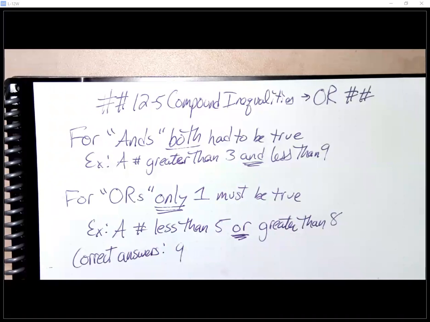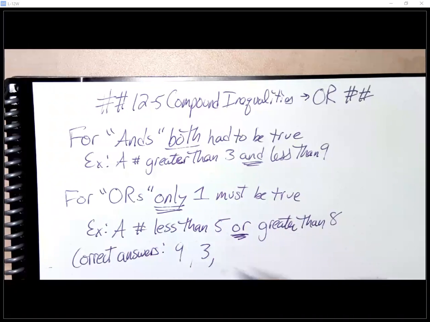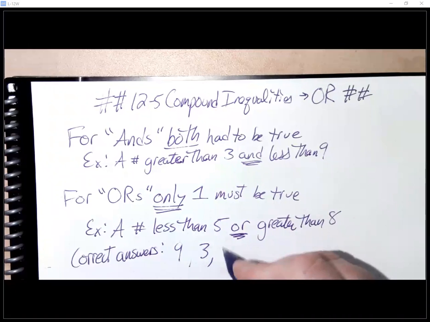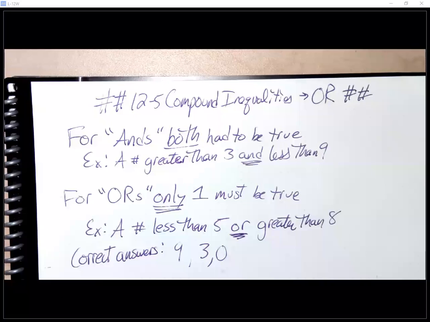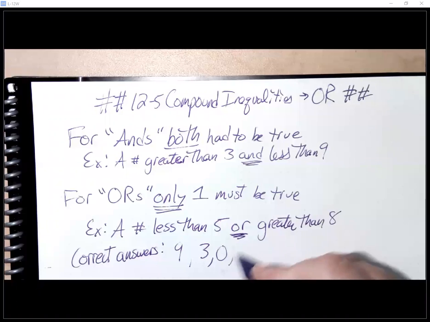Natalie? 3 would be another good one. Give me another one. Would 0 be okay? Yeah, because it is less than 5. How about 1,000? Would that be okay? Sure, because that's a number greater than 8. So we have lots and lots of examples of things that would work.